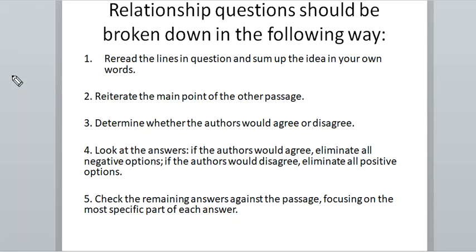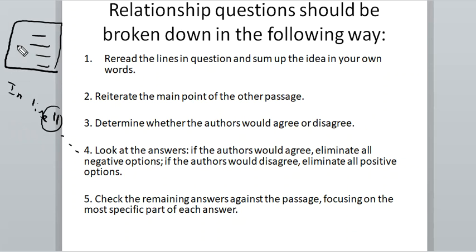They will ask you, for example, in line 11 of the passage, blah blah blah was discussed, what is the relationship? So you go to line 11 in the passage. Here's the passage, for example, here's line 11. So you read line 11. Okay, you reread it and you sum up the idea in your own words.